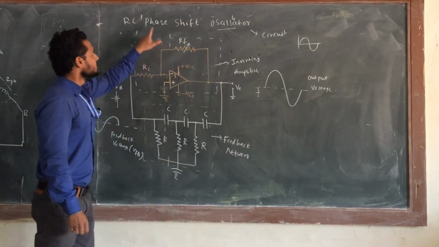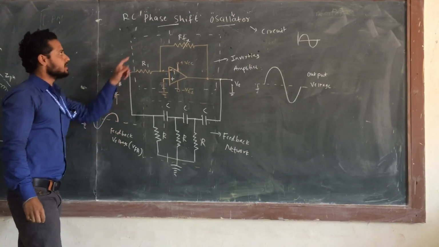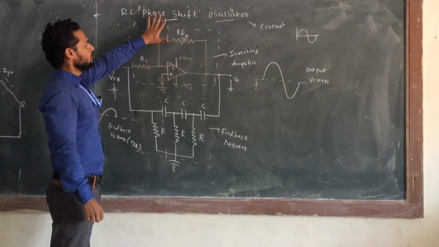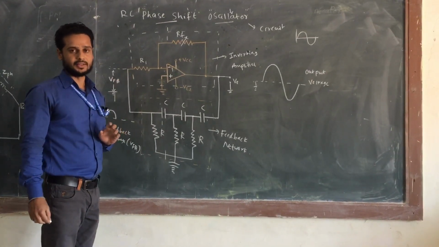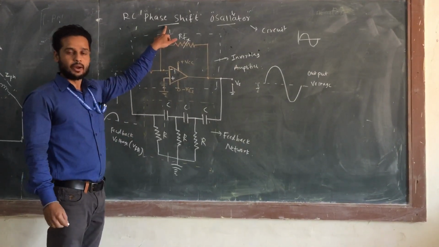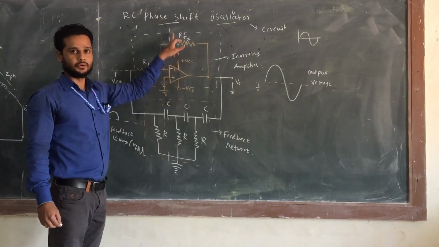Now the next word is phase shift. The reason this word is used is that in this circuit you are making use of passive components which produce a phase shift. By virtue of those passive components, a phase shift is introduced in the circuit, hence the name.